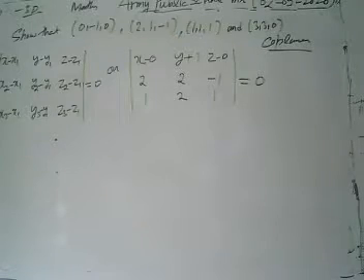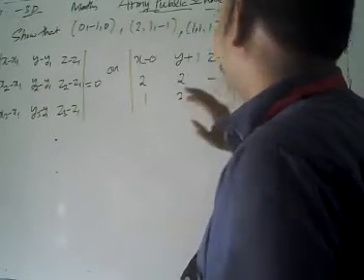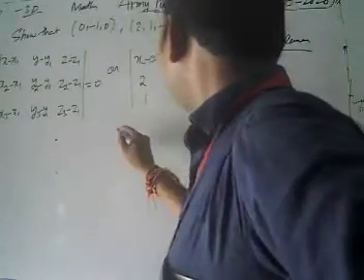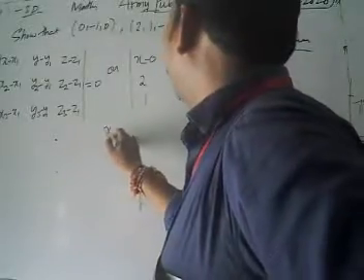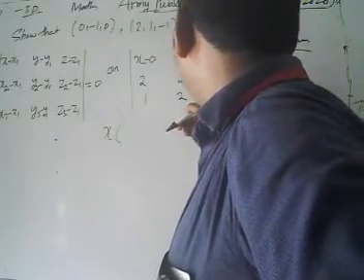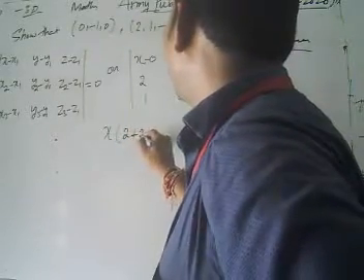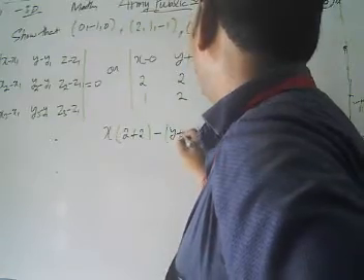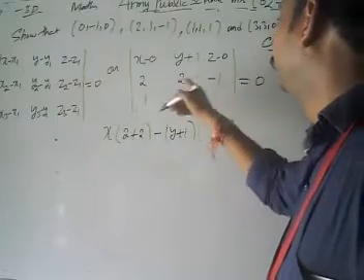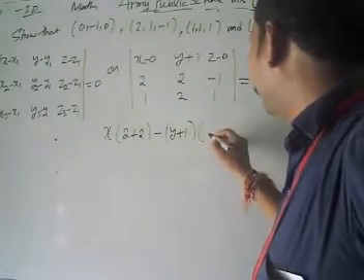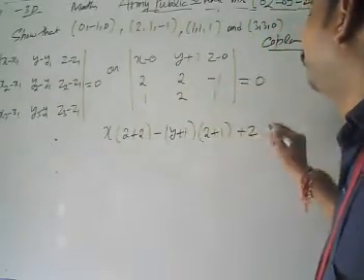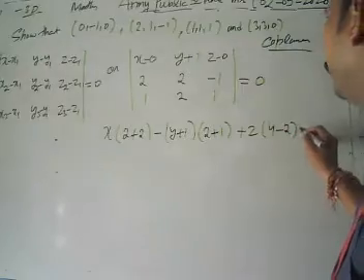After putting in these values, we are going to expand this determinant. After expanding, we get the equation of the plane: x times (2 into 2 plus 2), then minus (y plus 1) times (2 plus 1), then plus z times (4 minus 2), equal to 0.